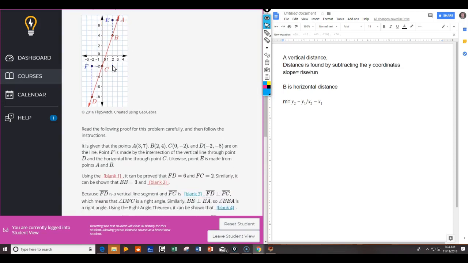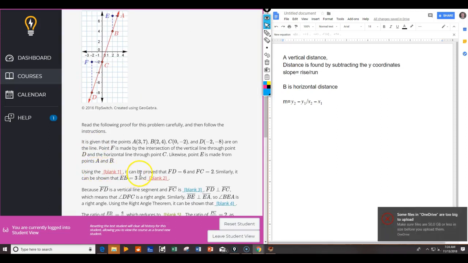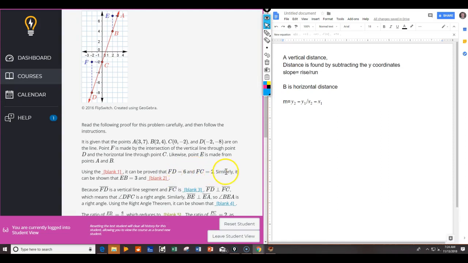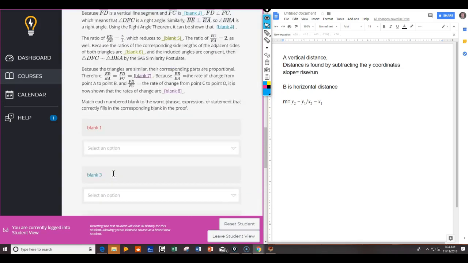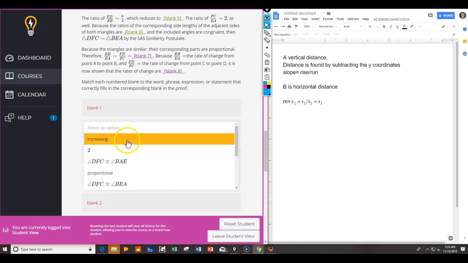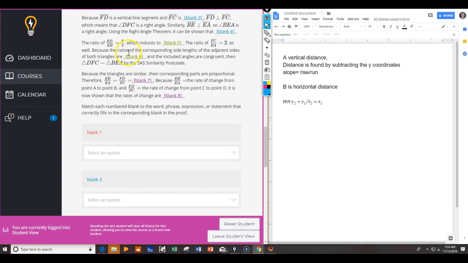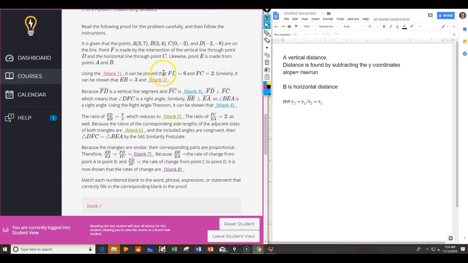Using the blank one, it can be proved that the distance of FD is equal to 6 and the distance of FC is equal to 2. Similarly, it can be shown that the distance of EB is 3 and blank 2. So if I'm going to look for blank 1, I'm going to select the options and think, okay, they had a blank and then they said it can be proved that we had a distance.